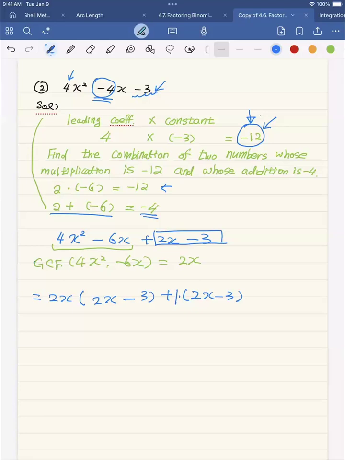And then this is the multiplication to this number, and this is the multiplication to 1. And these two are common in the two groups, so we will take out 2x minus 3, giving 2x minus 3 times 2x plus 1.